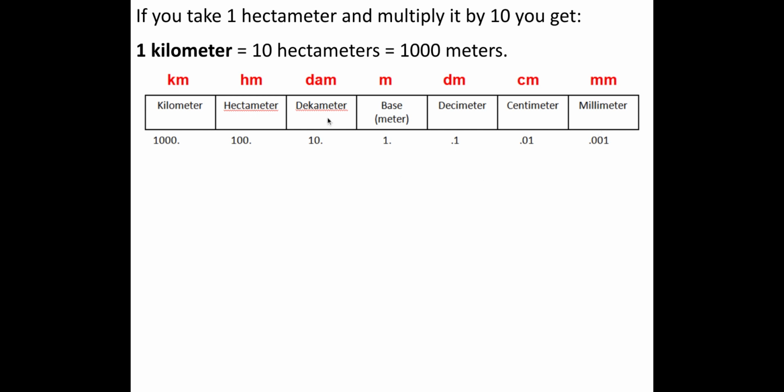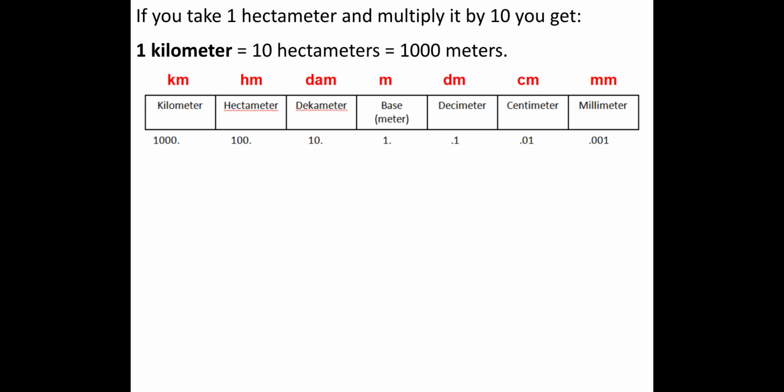So if you count the number of tens, you see this is a 10 here, 10, 10, 10, 4 tens. So that makes 10,000. What that means is that the conversion factor will be 1 decameter is equal to 10,000 millimeters. So each box represents a 10. And so when you're moving in this direction, you are going to multiply.